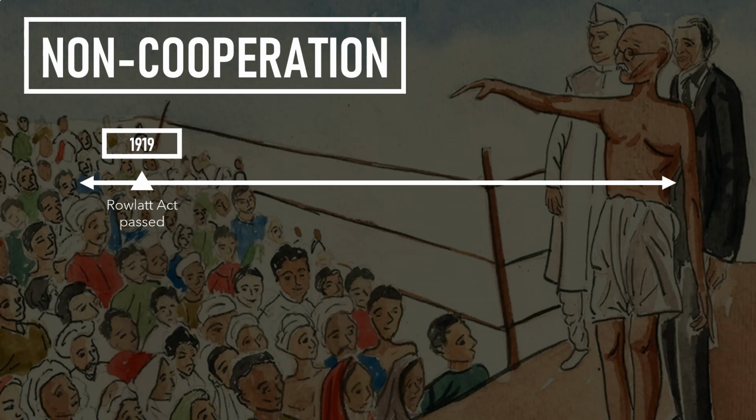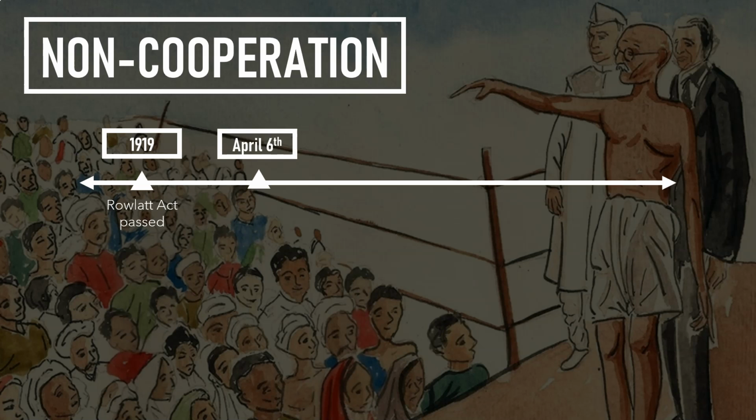So obviously this is unjust and against the principles of the judicial system, but it was a repressive technique used by the British to ensure that nationalist movements are nipped in the bud, or they're phased out in the early stages.